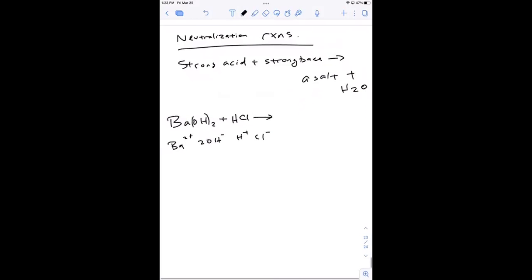What do you think? If we think of it as a double displacement, what two products are we going to get? Right, is barium going to pair up with the chloride ion?